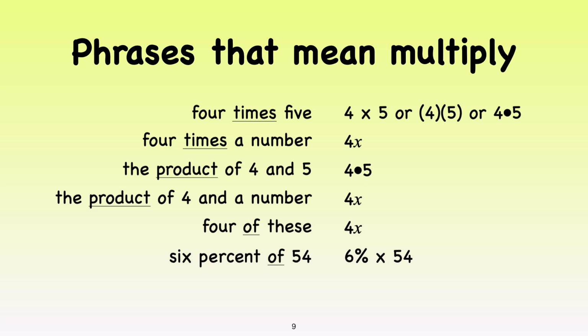A 4 with a dot and then 5. A dot between the 4 and the 5. The product of 4 and a number. 4x. 4 of these, when I don't know what they are. 4x. 6% of 54. I would multiply 6% times 54.